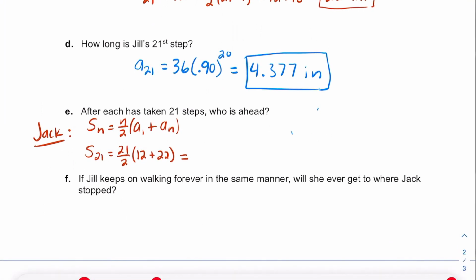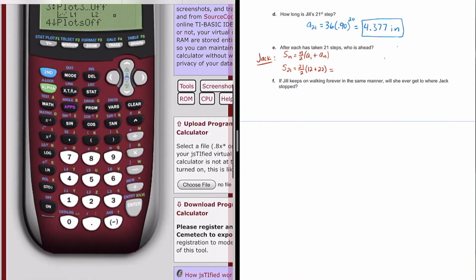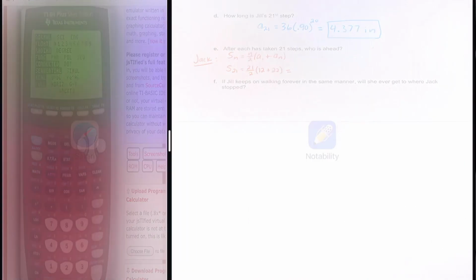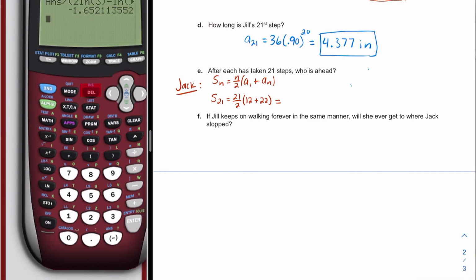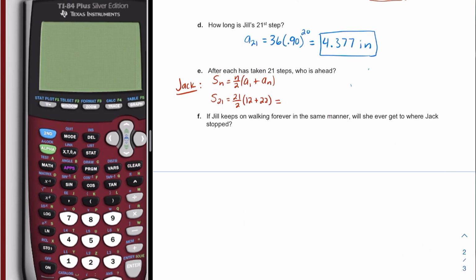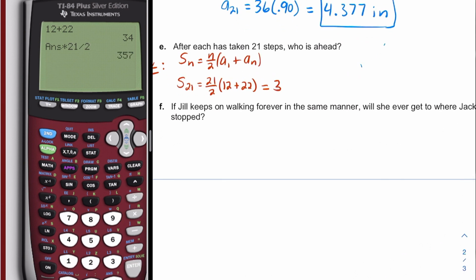And so then that's going to give us, I'll probably do some of this in our head, but here we are, 12 plus 22 times 21 divided by 2. That makes his total amount of steps 327 inches long.